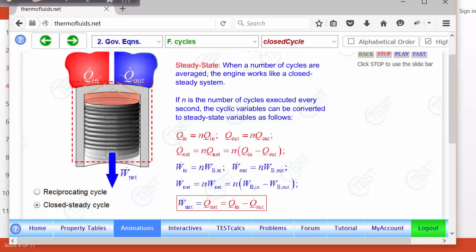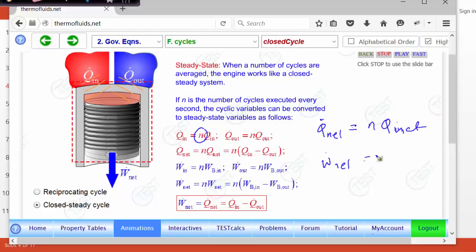So if n is the number of cycles executed every second, n times q in is the q dot in. So we can simplify the equation as q dot net equals n times q net. Similarly, w dot net will be n times w net.